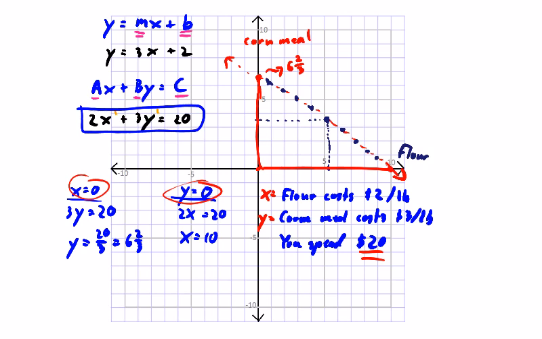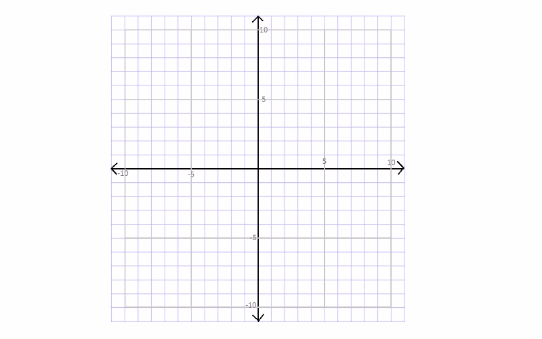Now, the final thing we need to do is understand if the general form is linear, how does it relate back to the form y equals mx plus b? So let me clear everything out. Let me rewrite the equation: 2x plus 3y equals 20.